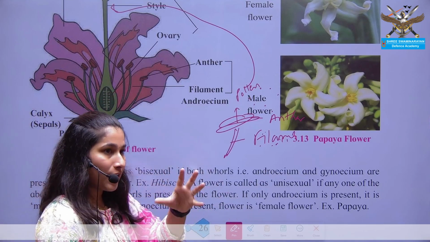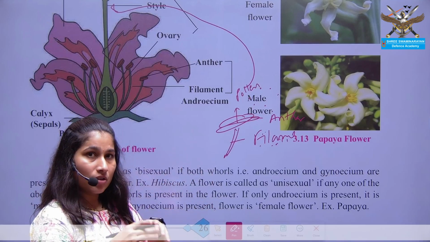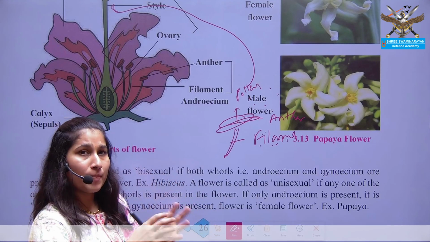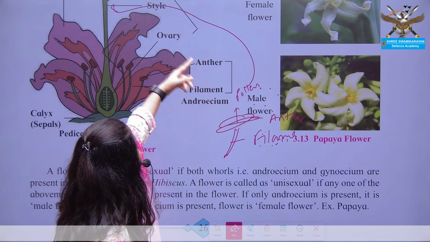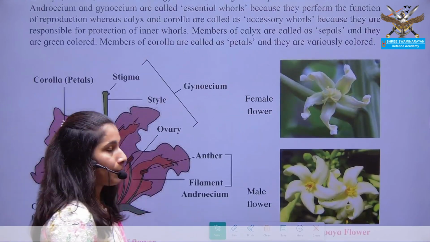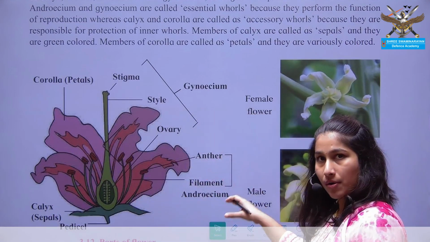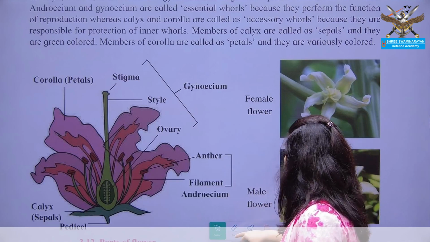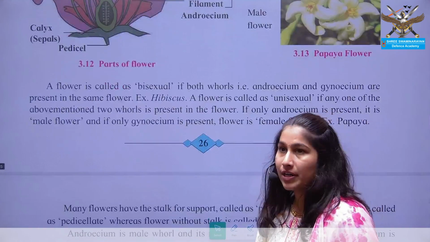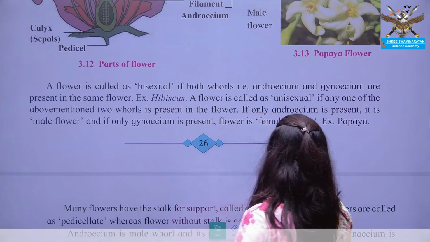Once they come to take the nectar, just by visiting the flower, the pollen grains are transferred to the gynoecium. So corolla plays an important role in attracting insects or birds, so that they help in the process of pollination. Abiotic factors like wind and water also take part in this.